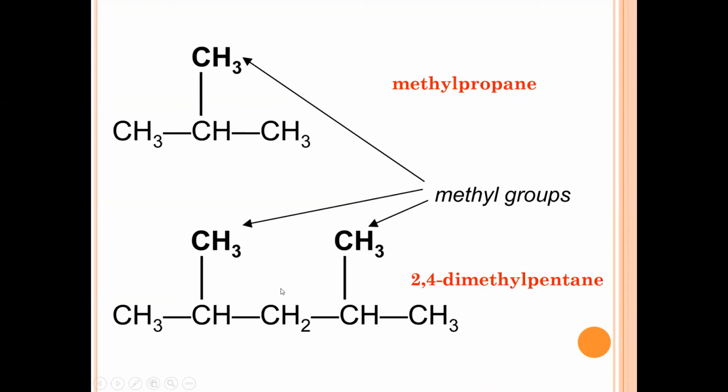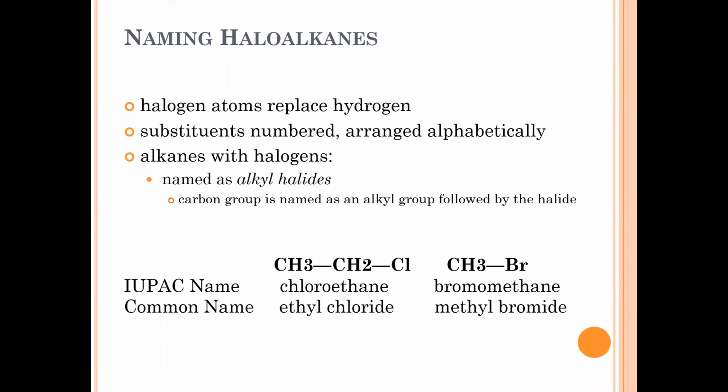If I had a third one in here in the middle, I would number it as 2, 3, 4, and instead of di now, I'd use trimethylpentane. Okay, don't get caught up on this di here. Taking apart these names, that di just means that there are 2 methyl groups and they're located at positions 2 and 4.